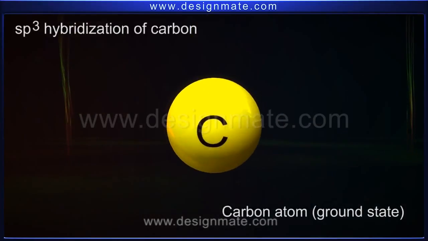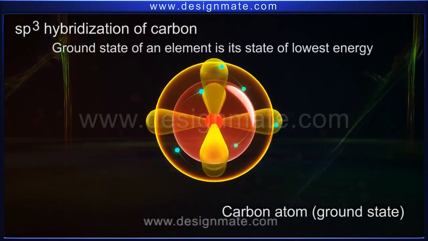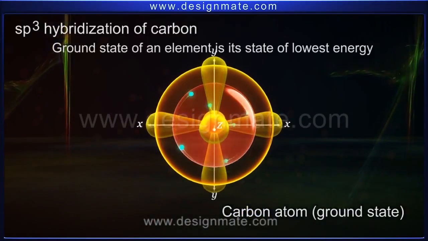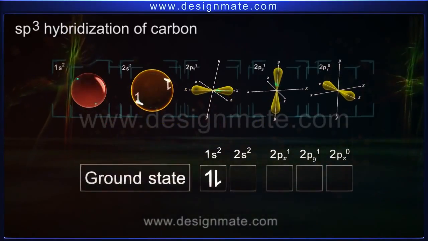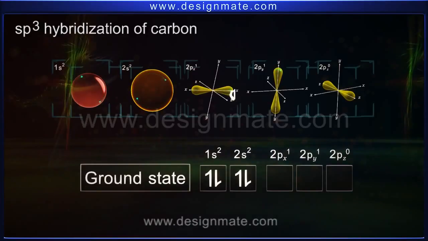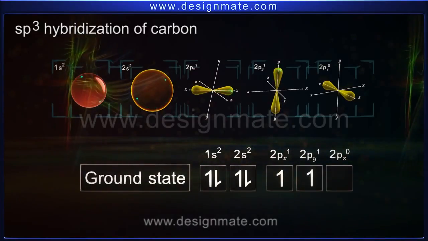For this, consider a carbon atom in the ground state. Its electronic configuration is 1s2, 2s2, 2px1, 2py1, 2pz0.